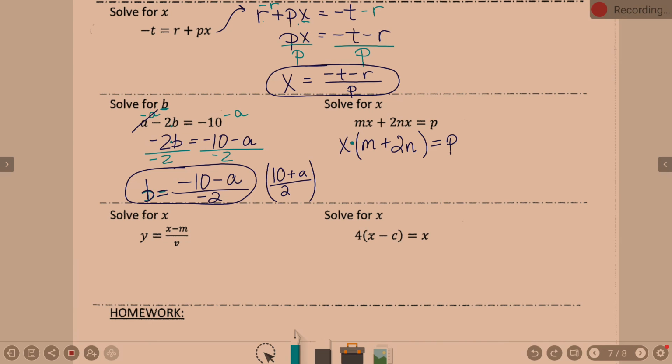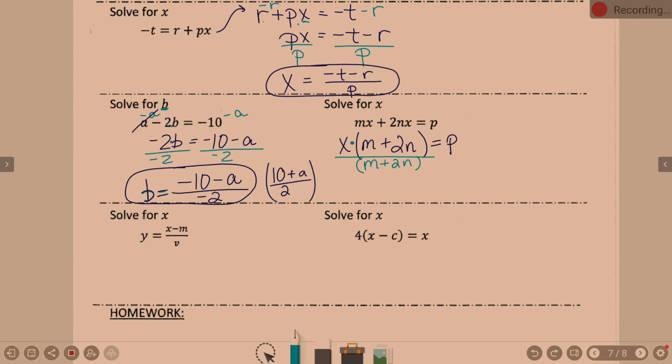We want x by itself. So if x is being multiplied by something, how do we move that something away? We're going to divide. Because this is one factor all in parentheses, we can divide by m plus 2n.